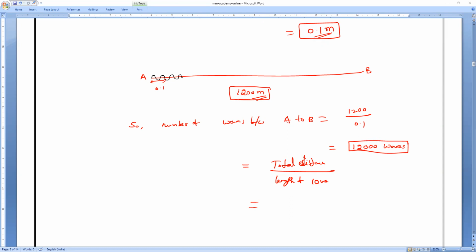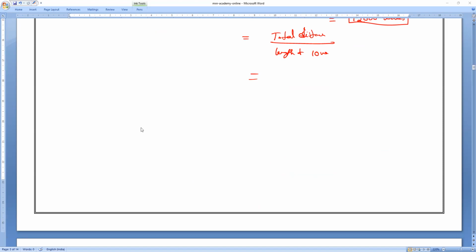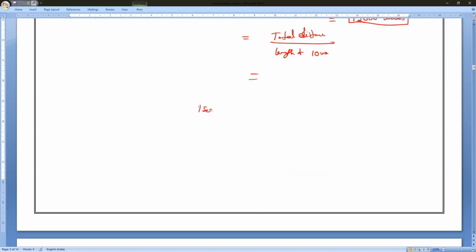Sanjay solved it another way, you can see, guys. Since they have given the frequency, 200 hertz means 200 waves in 1 second.